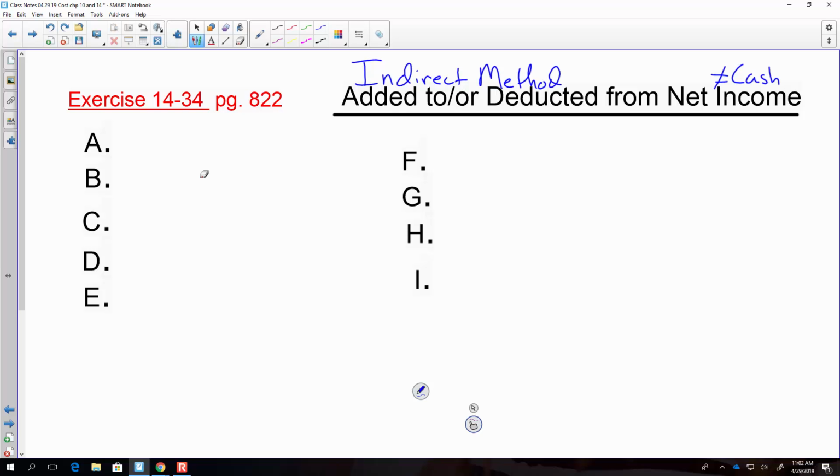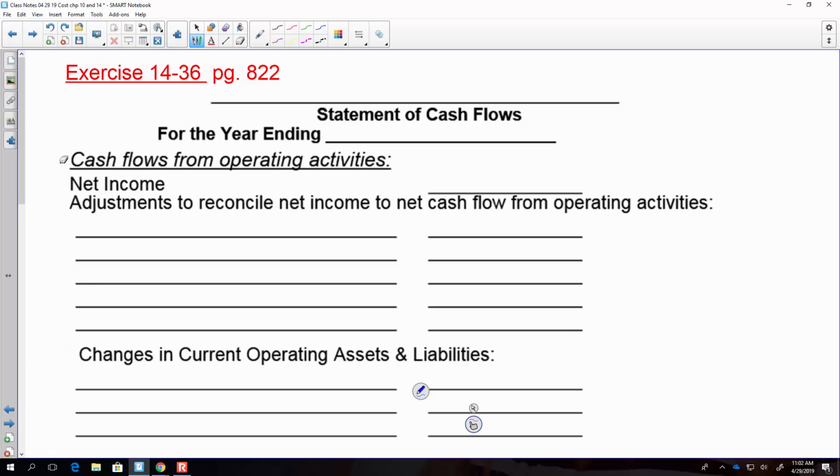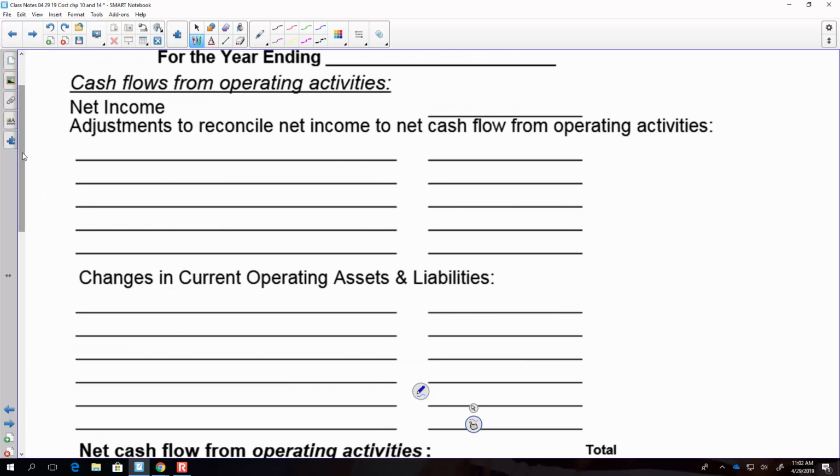So what we're going to do now is decide, if we look at our template, we're in the operating section. We're trying to adjust this net income and convert it to cash.